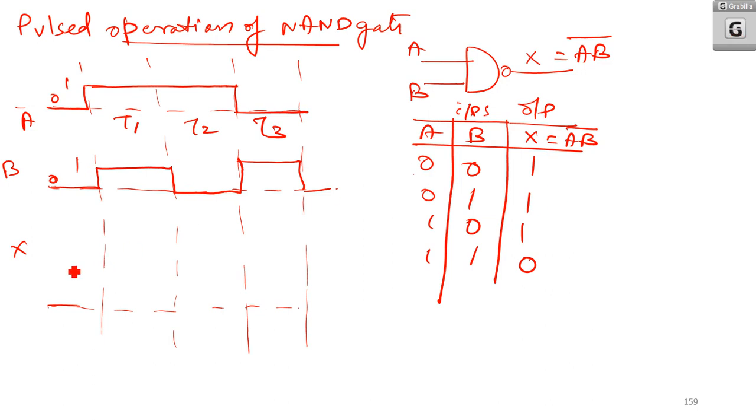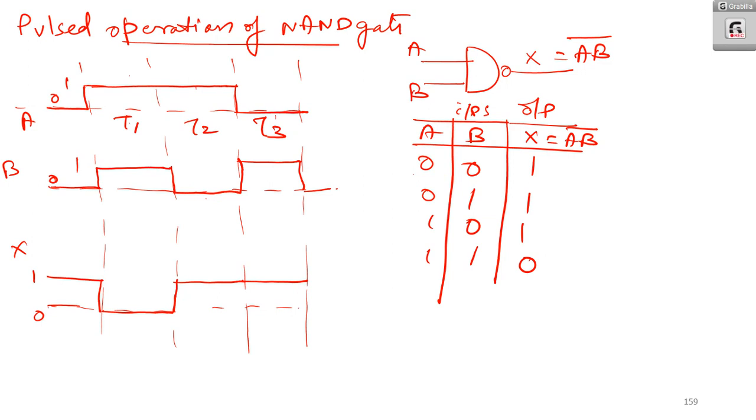That is, you will get the output as 1. 1 dot 1, you will get the output as 0. 1 dot 0, you will get output as 1. 0 and 1. Then 0 dot 1, you will get the output as 1. Okay. So I think you have got the operation of pulsed NAND gate.